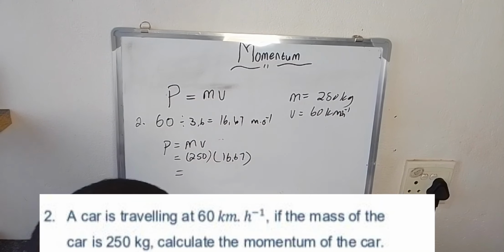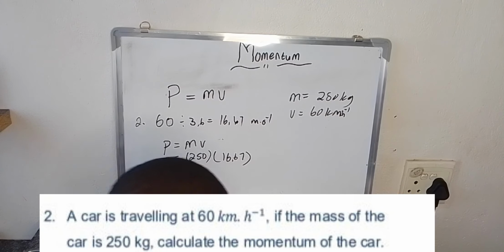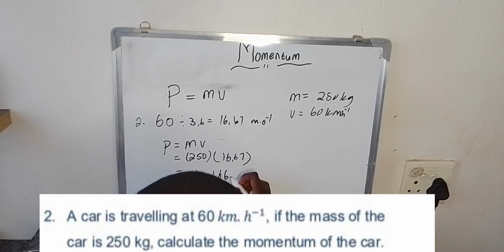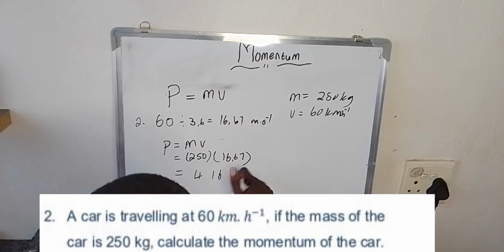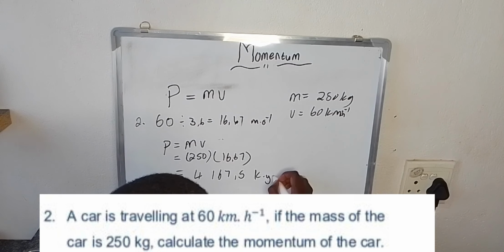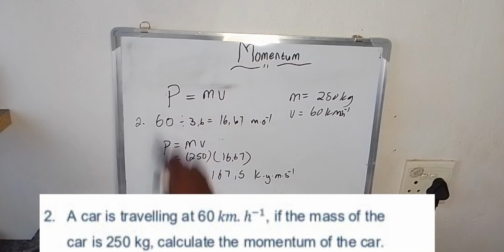So it's 250 multiplied by 16,67, and the answer is 4 167,5 kg·m/s. Remember to give units for momentum.